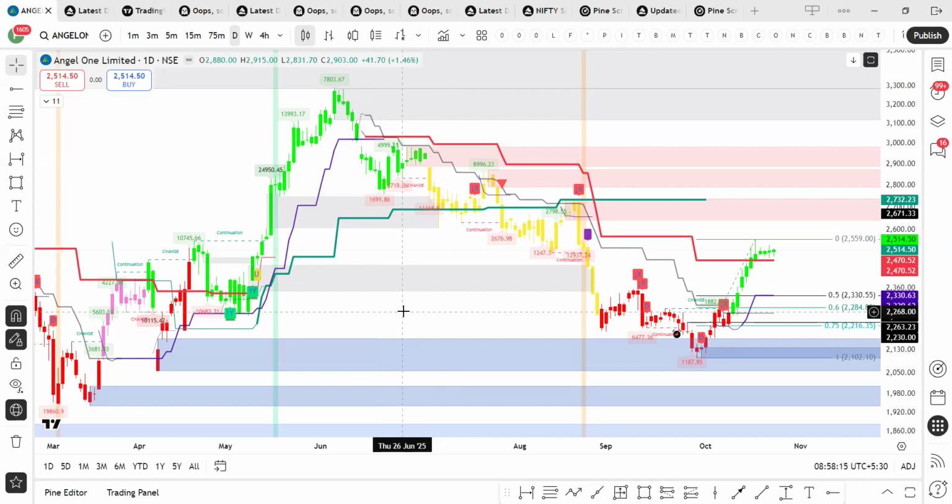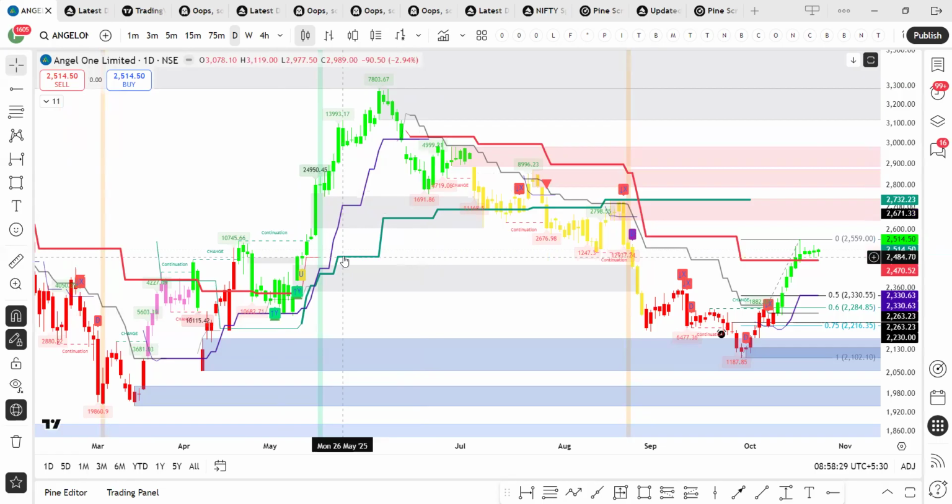Okay, so this is a very, very important parameter, and if you follow this parameter, then there will be around 1000 stocks at the most which will give you this kind of high liquidity. And I want the stock to have a circuit limit of 20%, not 5%, not 10%.